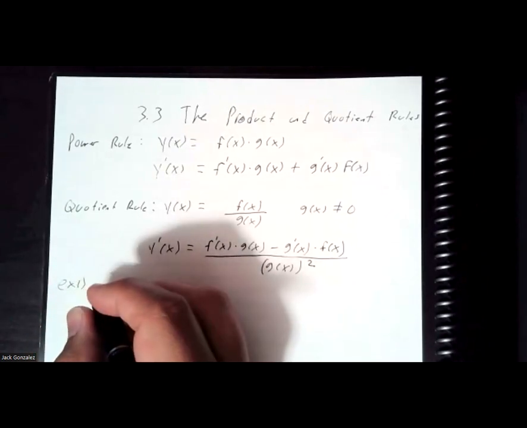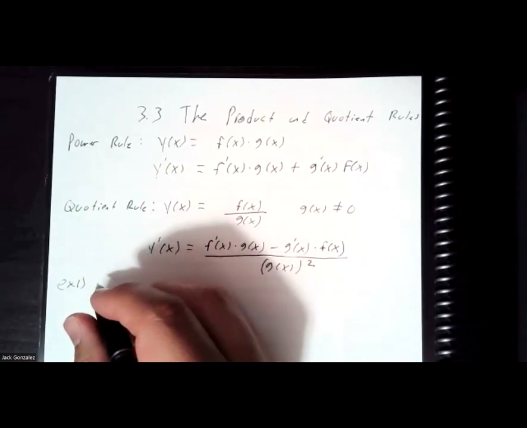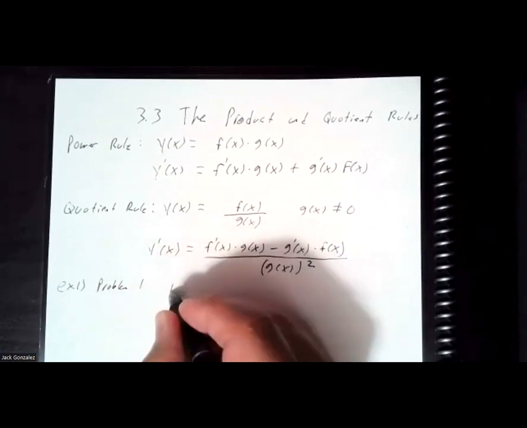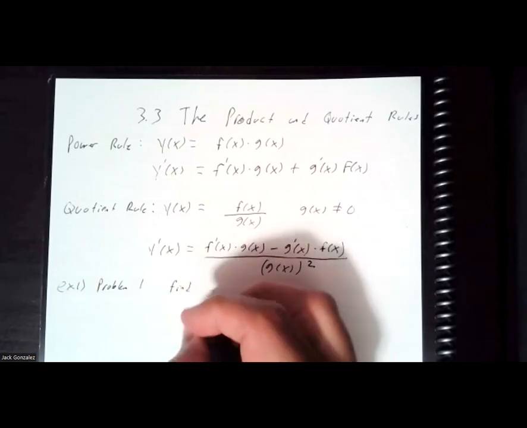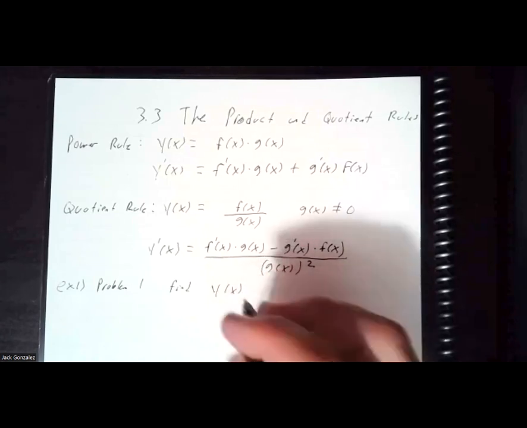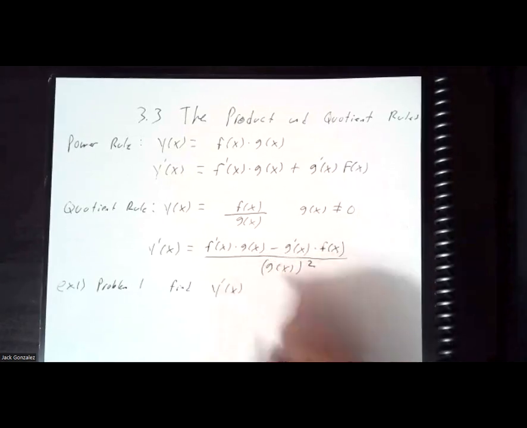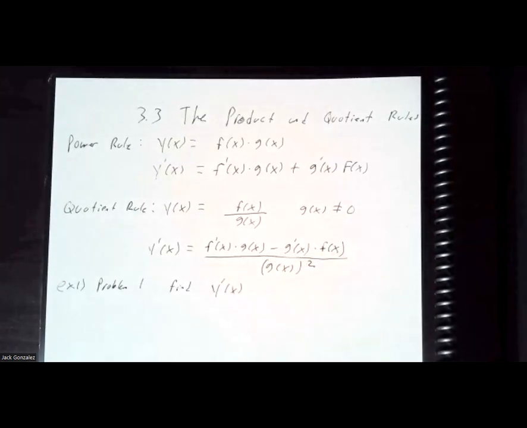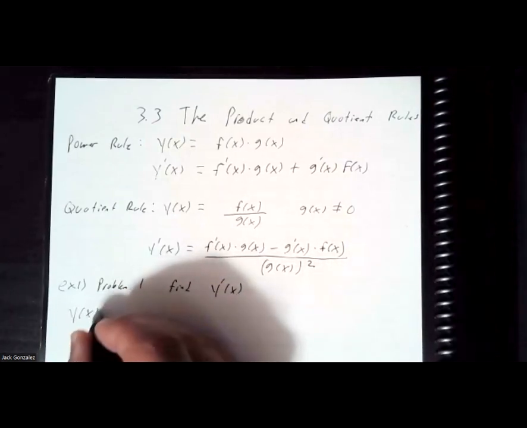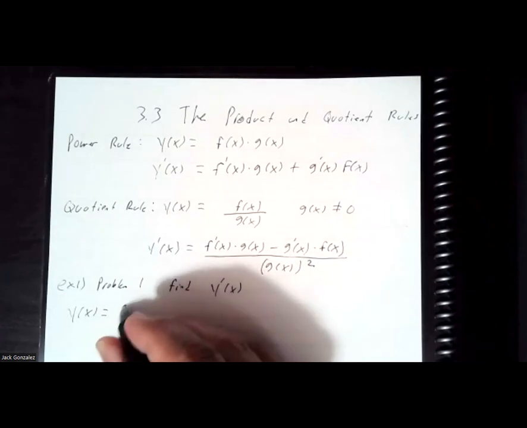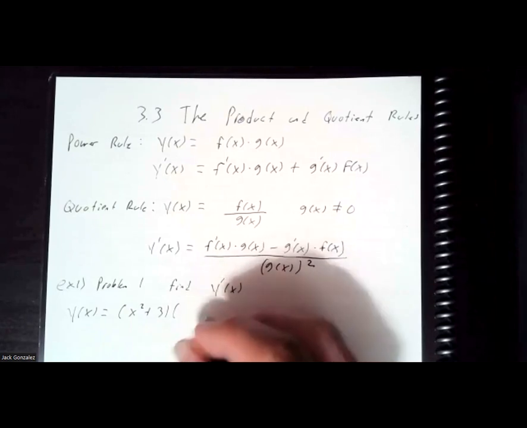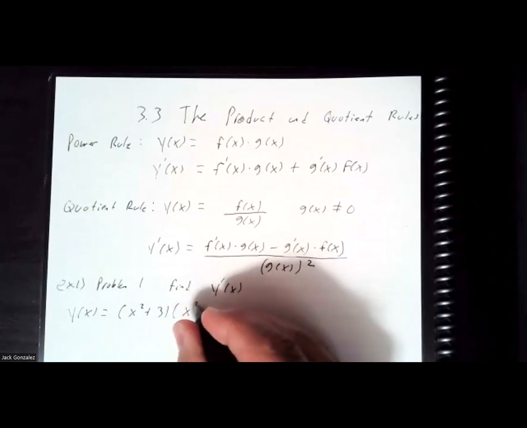Example 1. This is problem 1 from the homework. Fine, I'm going to label these as y of x, just to keep the same look as your formula, as the formulas here. So y of x is equal to x squared plus 3 times x squared minus 8x.